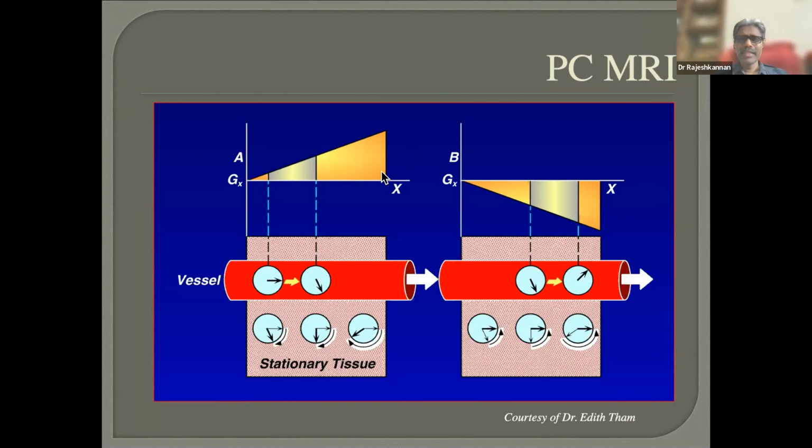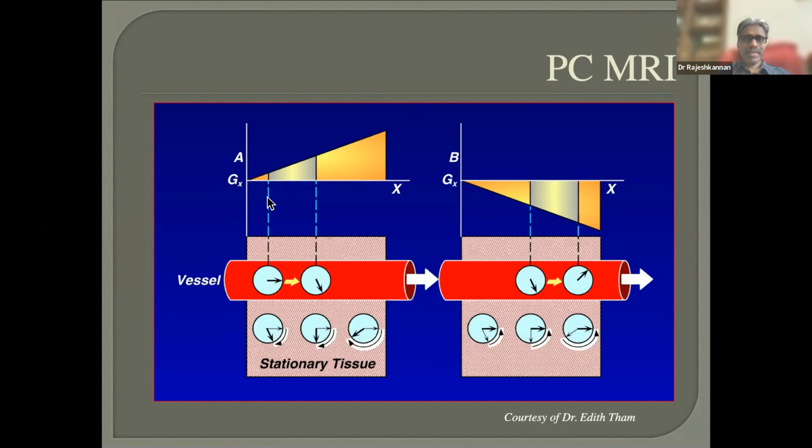So along the course of the gradient, the tissues will increase their phase. The precession frequency will keep increasing along the positive side. If we give a negative gradient, then it will be on the opposite side.